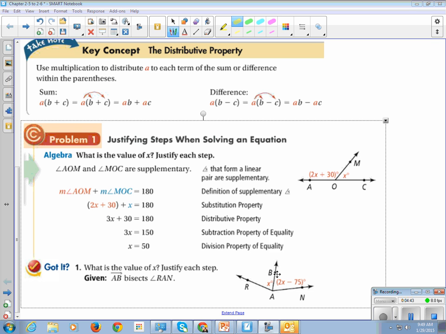Next, I am going to get rid of my parentheses, which they've labeled as the distributive property. I would also accept simplify here, or combine like terms.